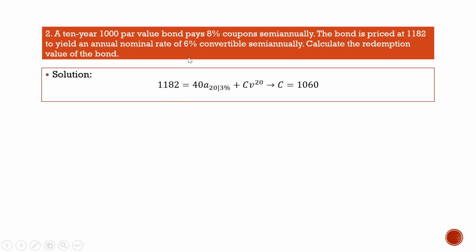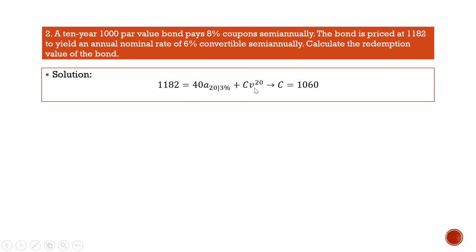1182 is the price of the bond. 40 is the coupon, because 8% coupon semi-annually, that means at the end of each half year, the lender will receive 4% of the face amount, which is 40. And let's say C is the unknown redemption value.